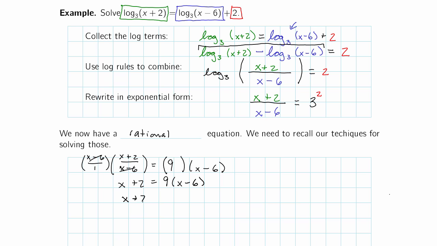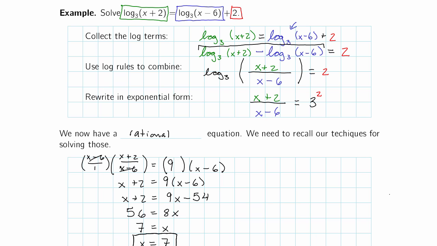So x plus 2 is 9x minus 54. I'll add 54 to both sides and subtract x on both sides. Divide both sides by 8, and I get x equals 7 as my solution.